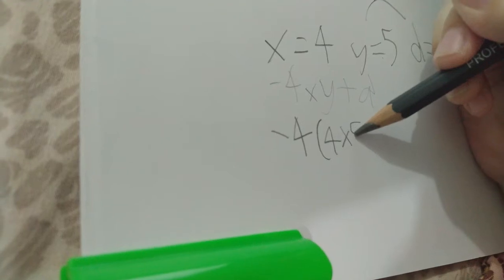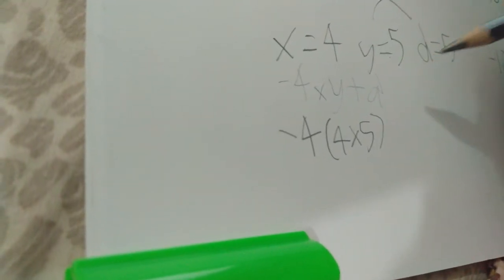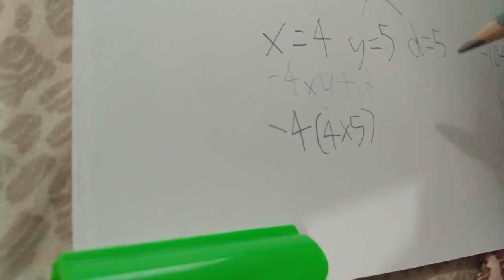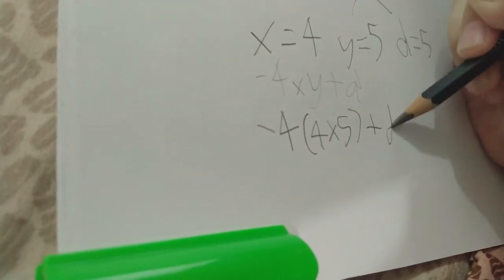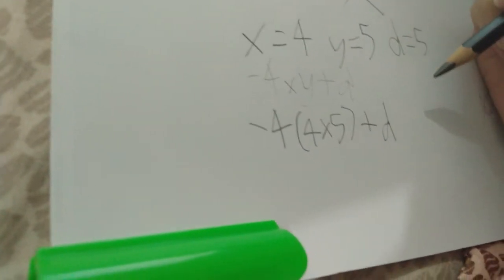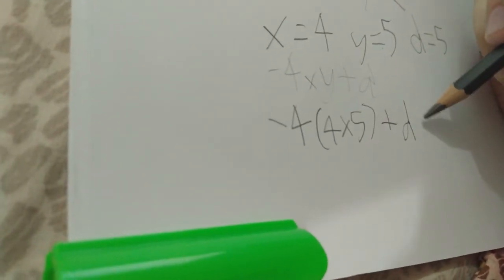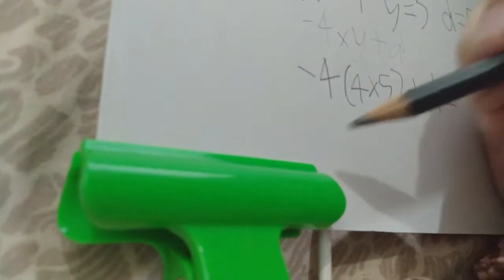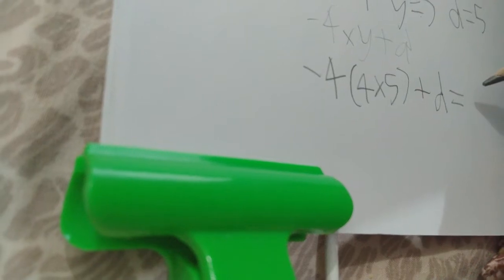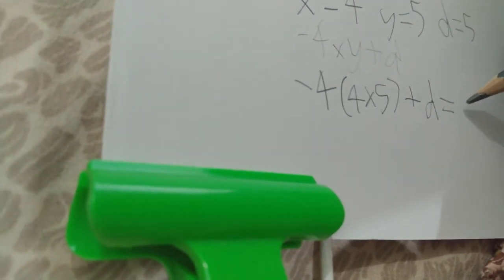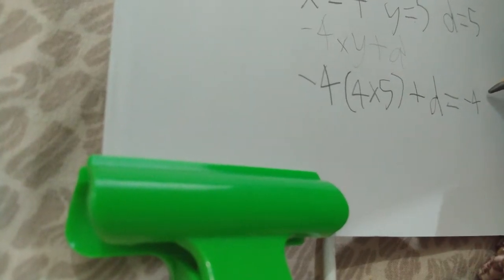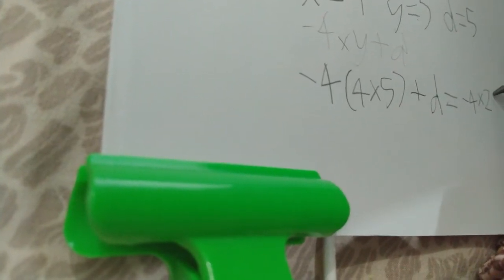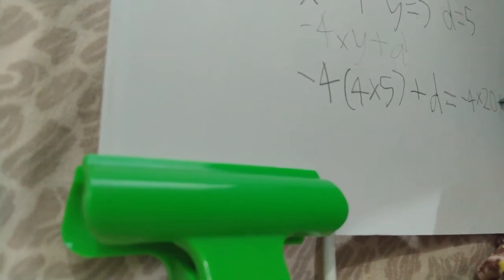4 times 5. See, I put parentheses here because I solved it. And plus d, plus 5. I already know that d equals 5, so I just put it here. Then we see that it's negative 4 times 20, and then plus 5.